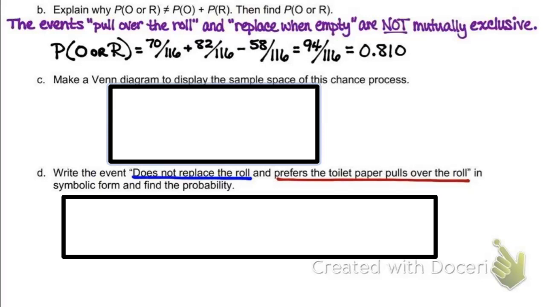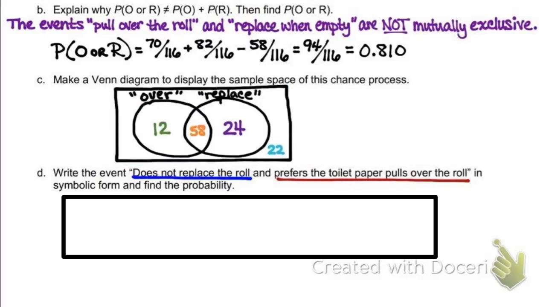Your two-way table should look something like this. I have over in the left-hand circle and replace in the right-hand circle. The overlap should have 58 in it. That was yes to both. 12 people fit in the over circle, but they don't go in the intersection. 24 people go in the replaced circle, but they don't go in the intersection.